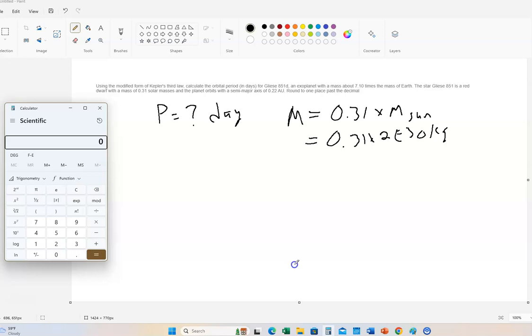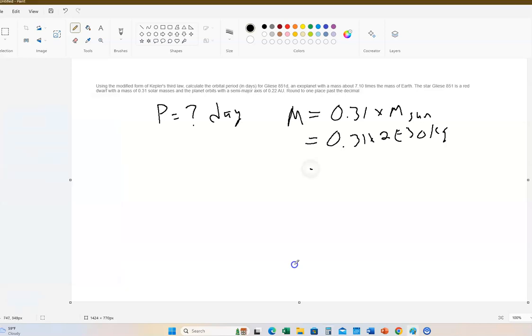Anyhow, you just say 0.31 times 2 times 10 to the 30th. So that turns out to be 6.2. So this is what we're going to use. The mass is 6.2 times 10 to the 29th kilograms.